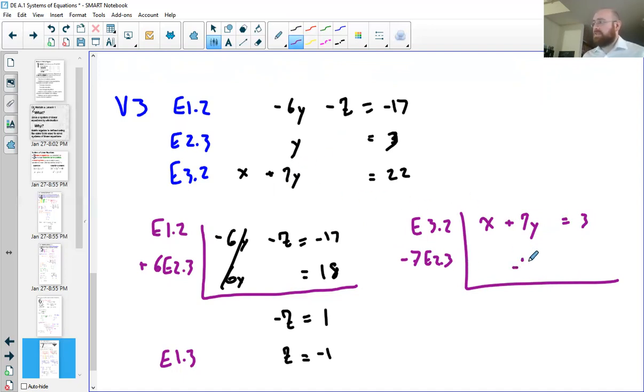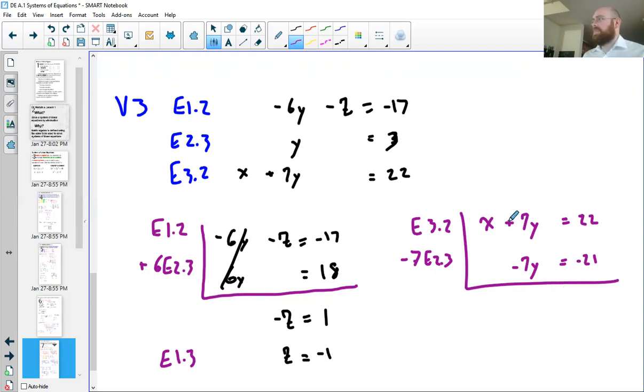So I have negative 7y and then negative 7 times 3 is negative 21. And I think I made a small mistake. So I switched these two by mistake. In equation 3.2, our third number is actually 22. I knew something felt wrong. It took me a moment to identify it.